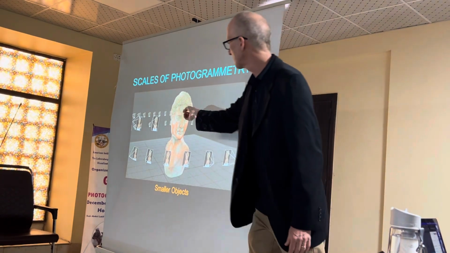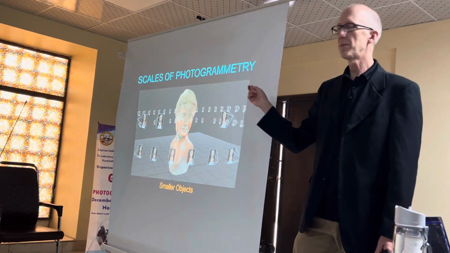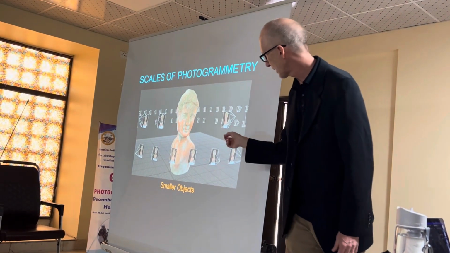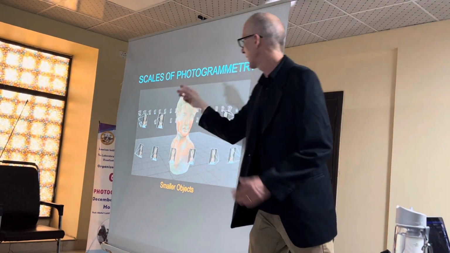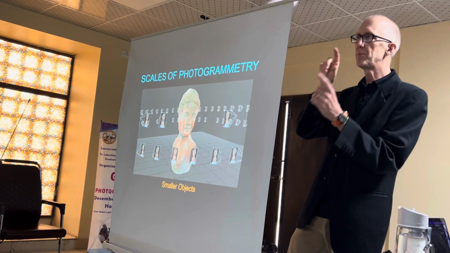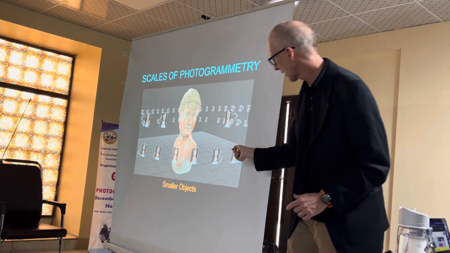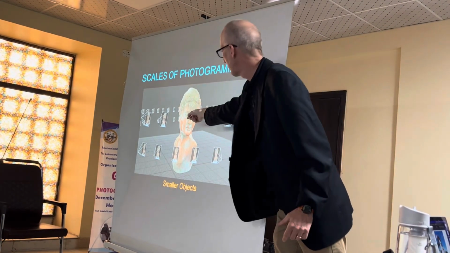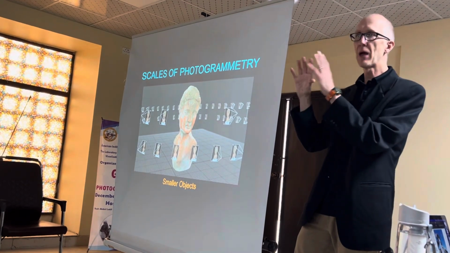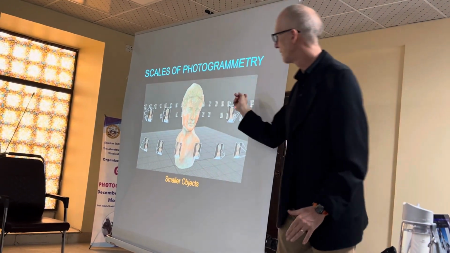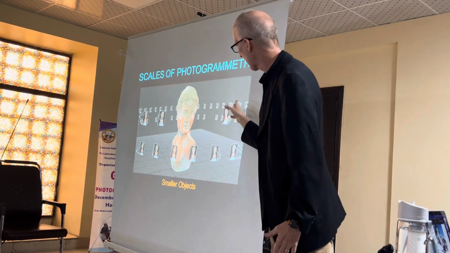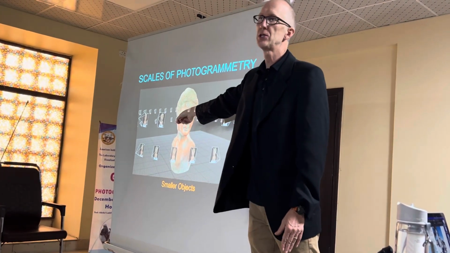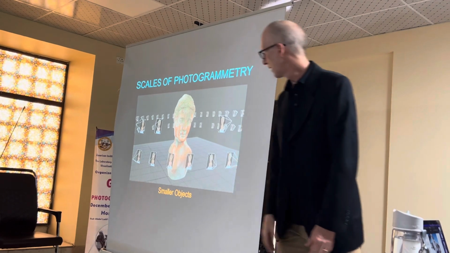So you'll see lots of illustrations that look like this in my presentation. These are all the different photographs of this object and their relative position to one another, showing you what the object looks like from that perspective. And it's a way to visualize all the different photographs that are used to document the statue, in this case the statue in the middle.